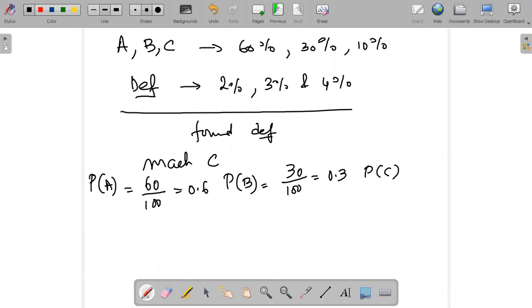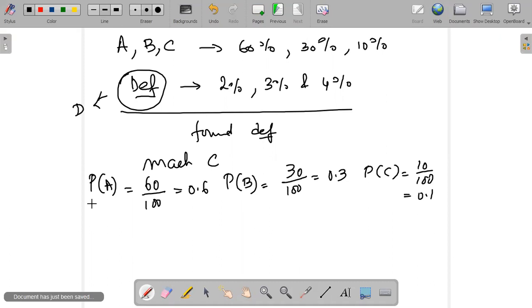Probability of C, which is 10 by 100, which is 0.1. Now, let us label this defective as D. Now, the defective from A, given A, is 2%, which is 0.02.